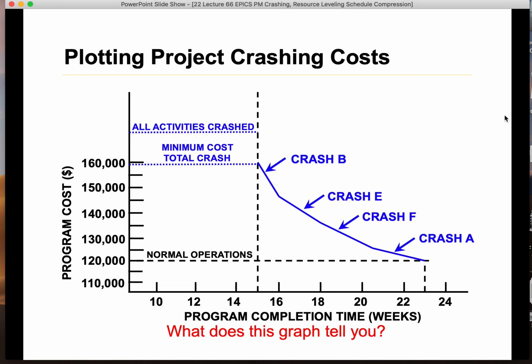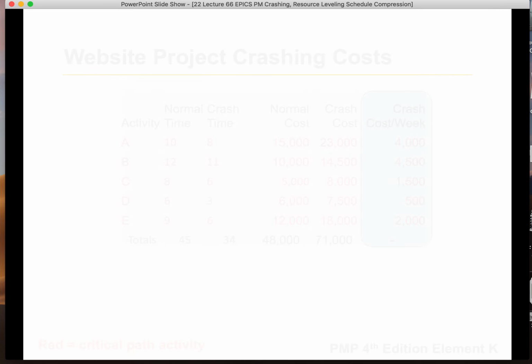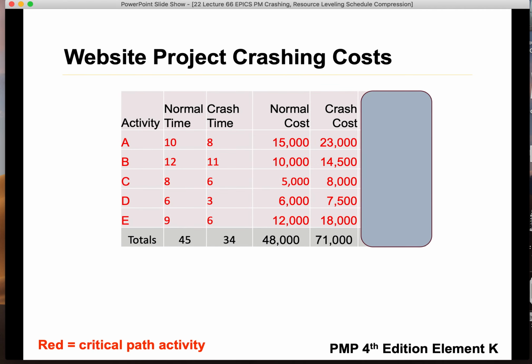So there will be questions in Progress Quiz 2 next week on these kinds of explanations. So let's do another one. Here I want you to do this one on your own. Okay, so here's the normal time, here's the time if I crash, here's the normal cost, this is the crash cost.